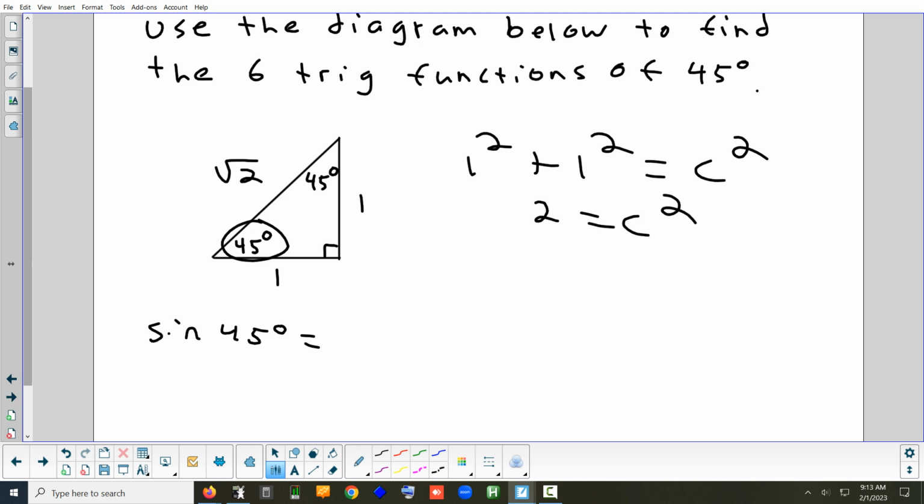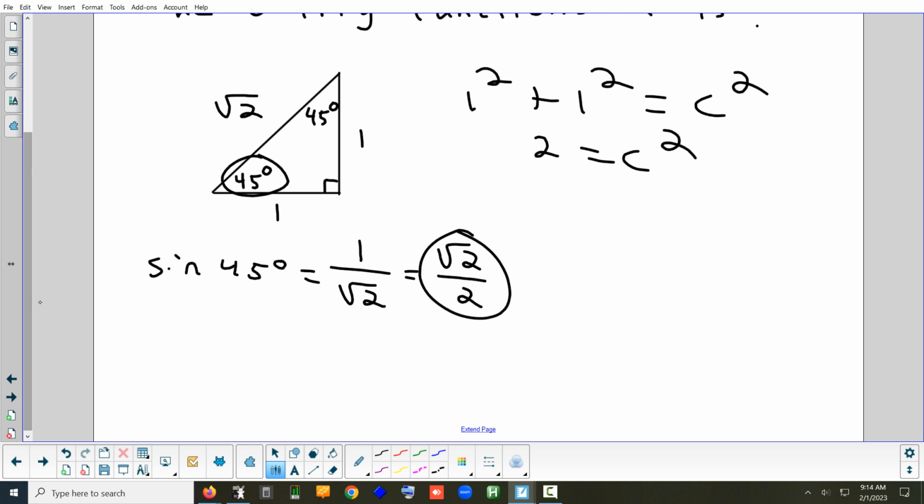The 1. And what's the hypotenuse? Square root of 2. And hopefully it's starting to become a little bit automatic that we just fix that right away. But what do you get when you fix 1 over the square root of 2? 1 square root of 2 over 2. Keep this other answer though, because that's going to come in handy when we have to flip it, and then the root will already go to the top.